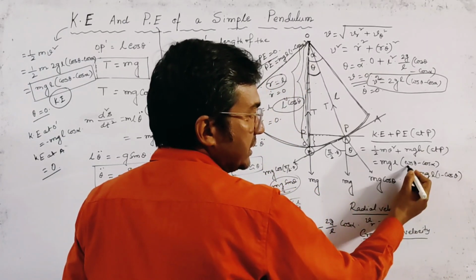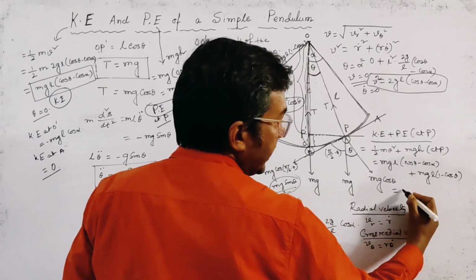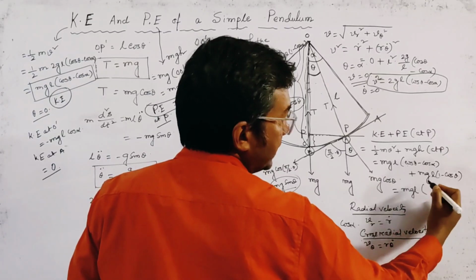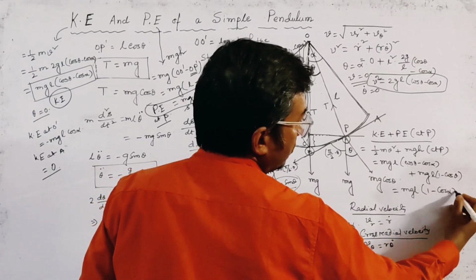Clearly cos theta and cos theta cancel out, so we get mgL into 1 minus cos alpha.